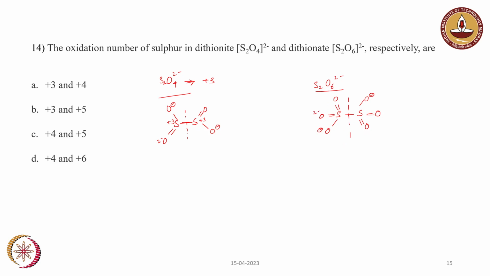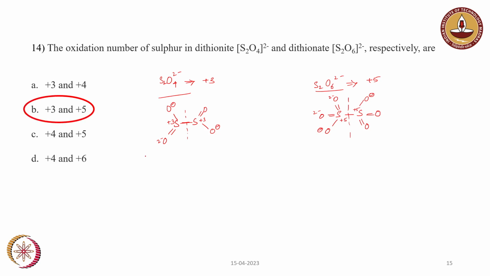So for this 2 minus and minus is given, so total will be -5. So the charge on the sulfur should be +5. So the oxidation state of sulfur in S2O6 2 minus will be +5. So the answer is option B, +3 and +5.